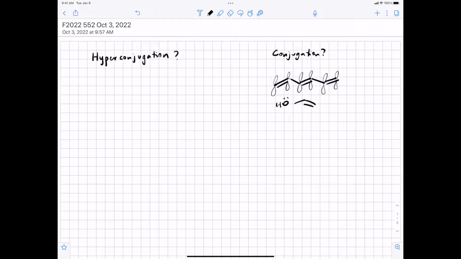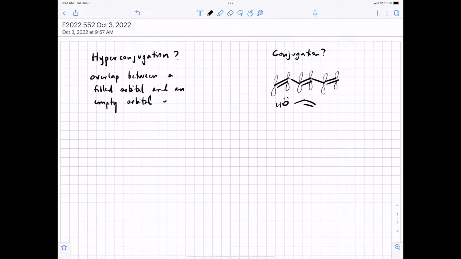Hyperconjugation is different because it's not generally about atomic orbitals lining up together to make an extended molecular orbital. Hyperconjugation is overlap between a filled orbital and an empty orbital on adjacent atoms.